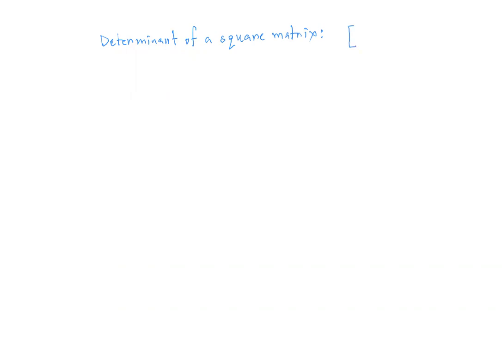Let's say 2, 3, -1, 5. I just made it up. Let's call this matrix A. It's a 2 by 2 matrix. So we define the determinant of A, another useful property.